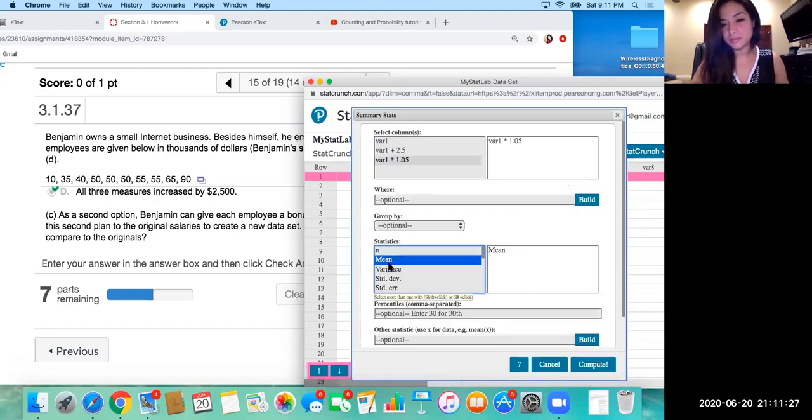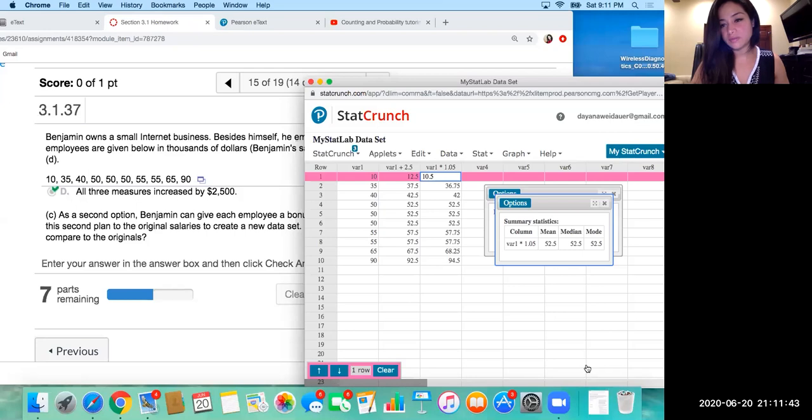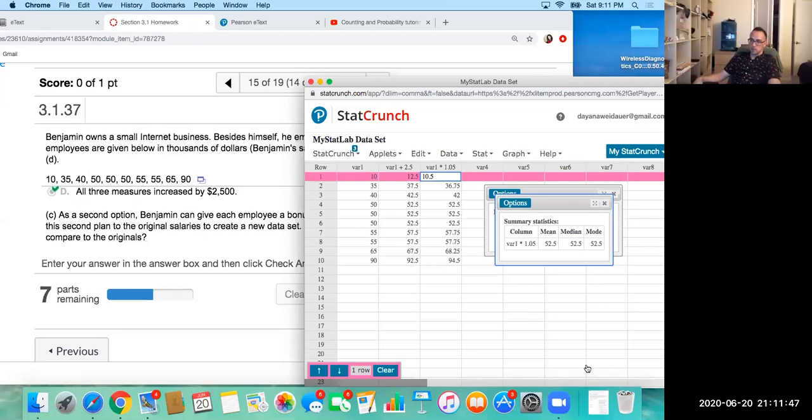This one, mean, median, and mode. 10% of 550 is 55, so 5% is 27.5, so 52.5. Yes. So I was right in my prediction, apparently.